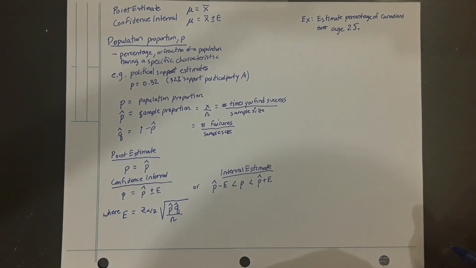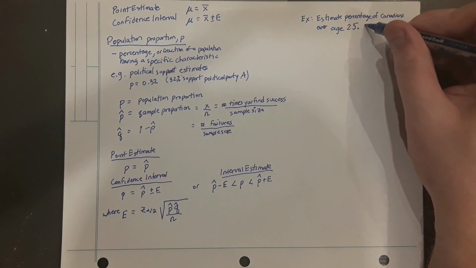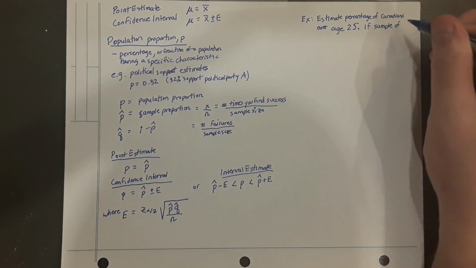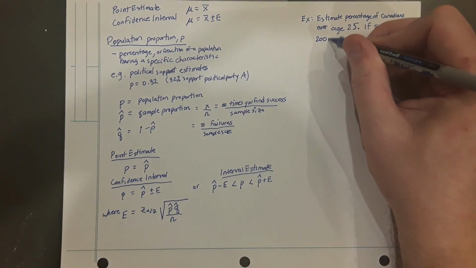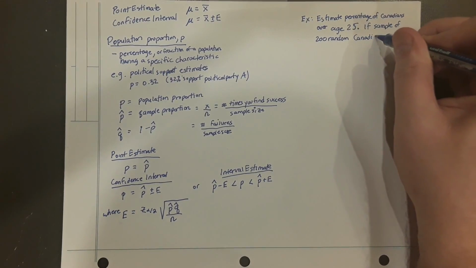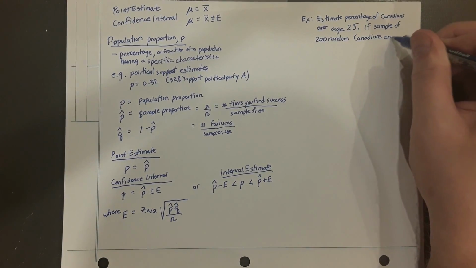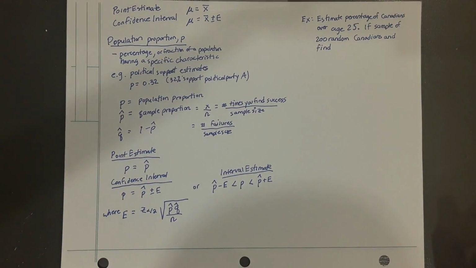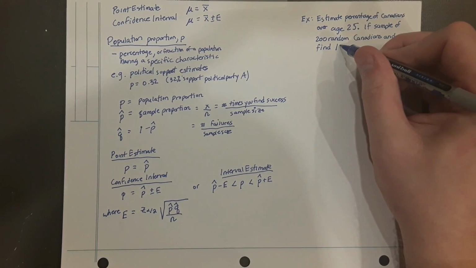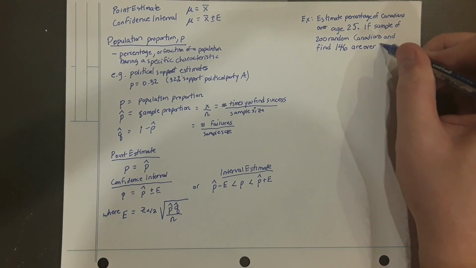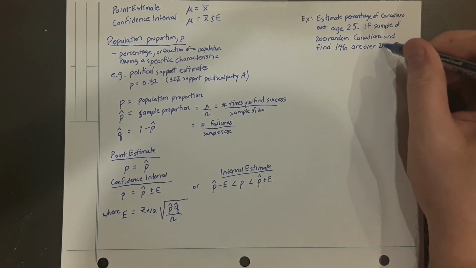In order to do this, we have to take a sample of the population. So if we take a sample of, let's say, 200 random Canadians, and we find that 146 are over age 25.